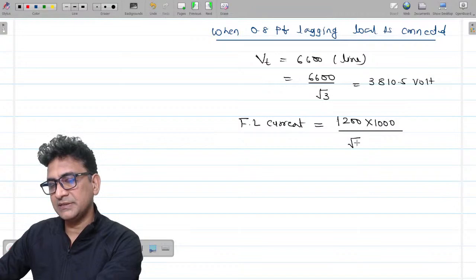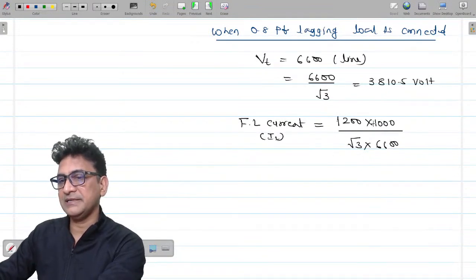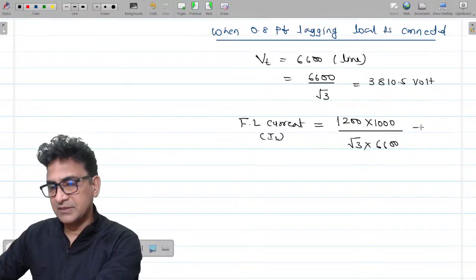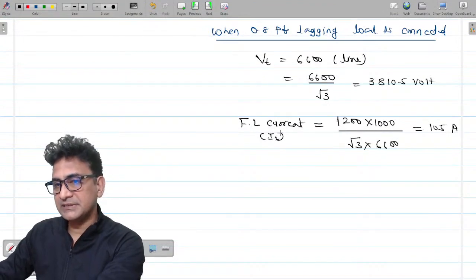So √3 times the line voltage of 6600 volt gives us the line current. If you solve this equation, you will get 105 ampere. In case of star connection, this line current is the same as the phase current. So this is also the phase current.